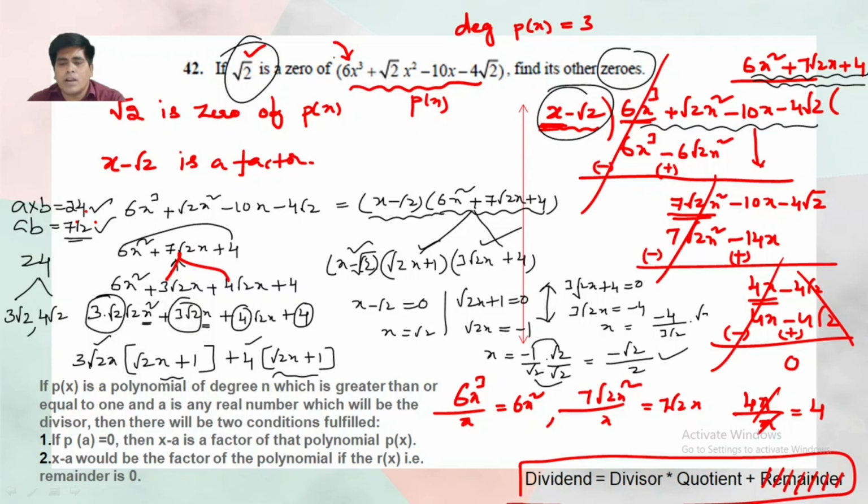Irrational numbers cannot be in the denominator. I'm rationalizing the denominator. Root 2 into root 2 is 2, so this 2 and this 4 will cancel. So I am getting minus 2 root 2 by 3. This is the third root. So I got all the roots here.